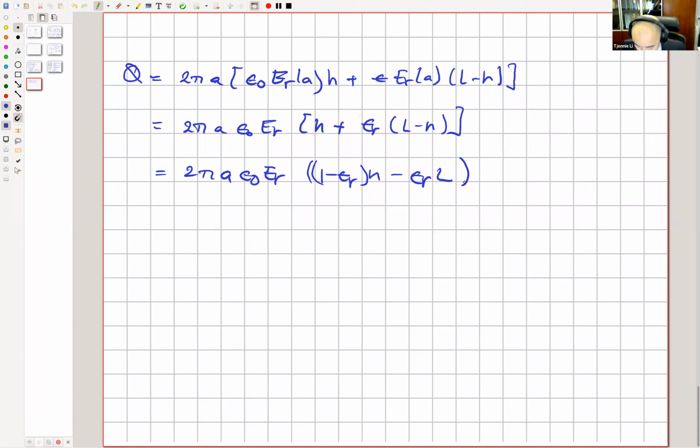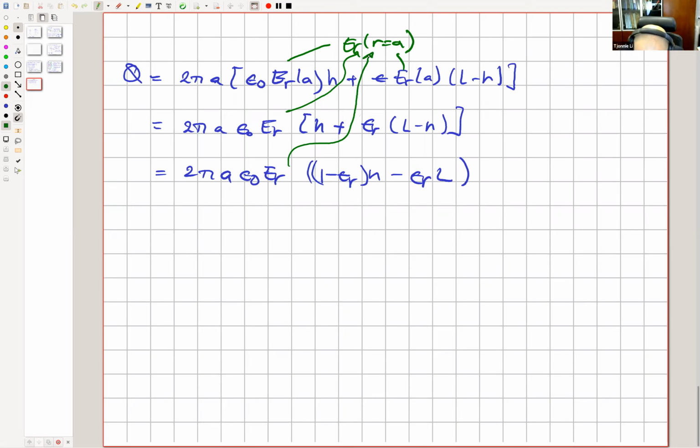Okay. And now I should again note that this here is E_r at r equals a.